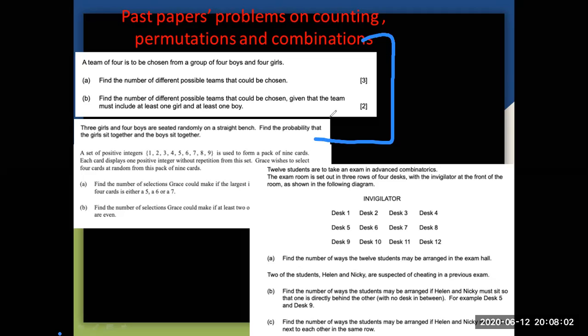Oh, it should just be, let's see, seven. You can use a calculator for this. 0.0571.